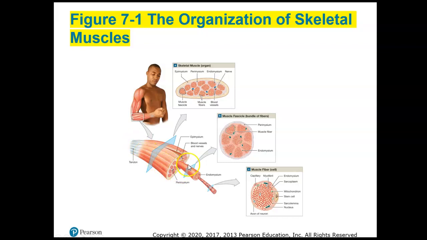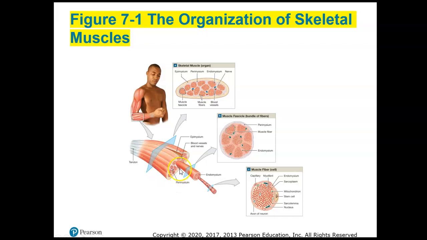Then the whole muscle is surrounded by the epimysium. And the epimysium of all these muscles will fuse into tendons toward the end of the muscle.